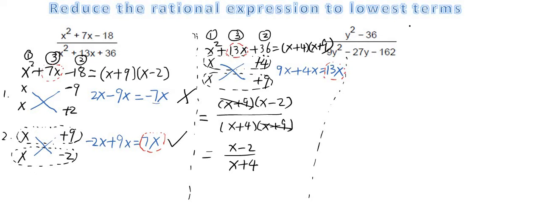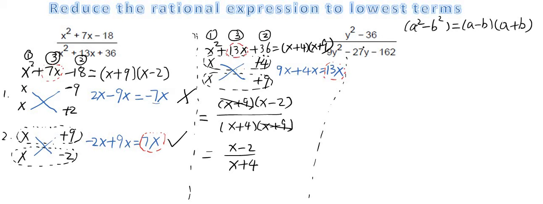That is, a squared minus b squared can be written as a minus b times a plus b. That's the formula of the difference of two squares.